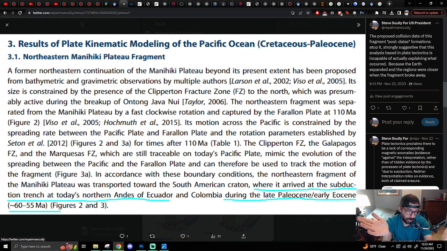That's kind of what I'm saying. Whether or not that's the best argument, I'm not completely sure, but it just doesn't really make sense. So down here, it arrived at the subduction trench at today's northern Andes of Ecuador and Colombia during the late Paleocene, early Eocene, 60 to 55 million years. Mind you, there are things atop it that predate that.